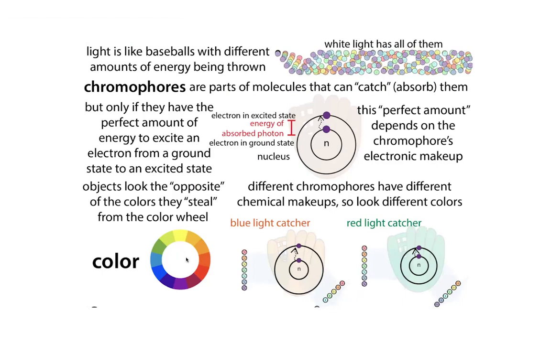And so objects are going to appear as the opposite color on the color wheel. If they absorb green light, they'll look red. If they absorb red light, they'll look green. And so that allows you to actually see something. Often with these molecules we can see a color from absorbance. At this point, we're not talking about fluorescence, just absorbance. If they're stealing visible light, the molecule will look colored.